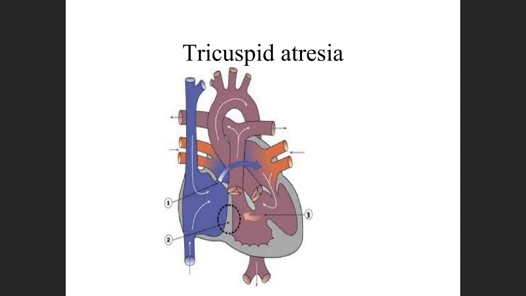So there's deoxygenated or desaturated blood going into the aorta. And blood is supplied to the pulmonary artery via a ventricular septal defect, which is 3 in the diagram.